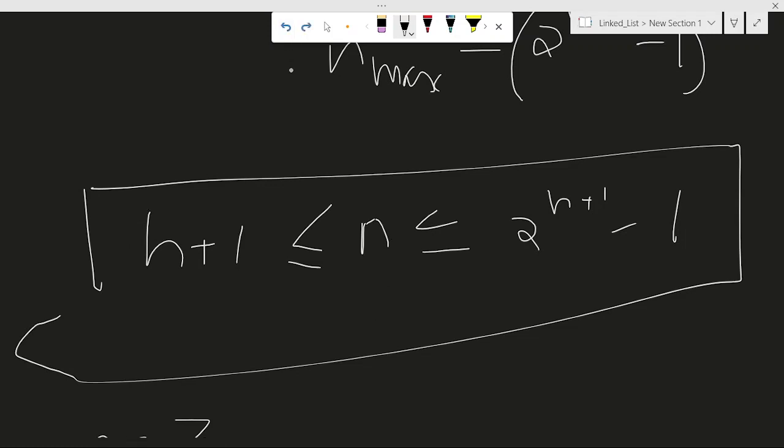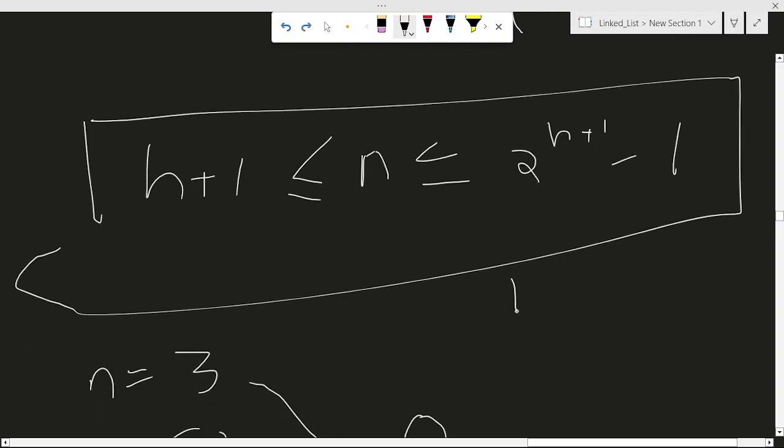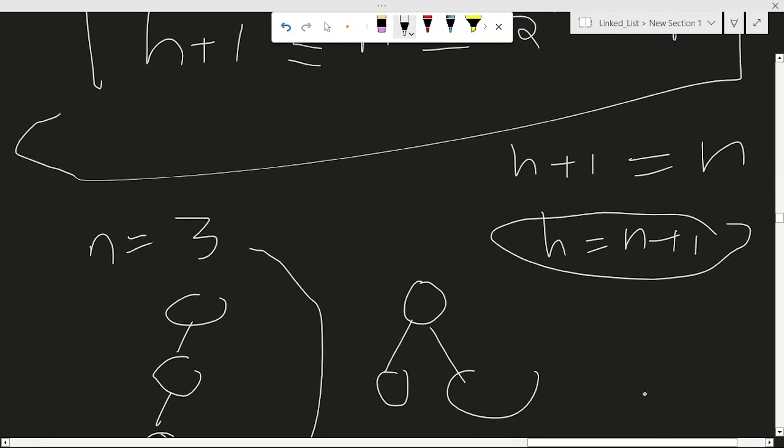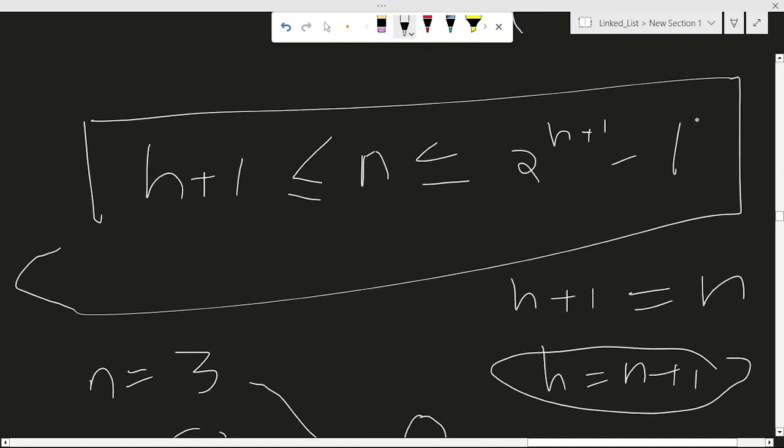So h plus 1 is equal to n, and the maximum height that you can reach is n minus 1.